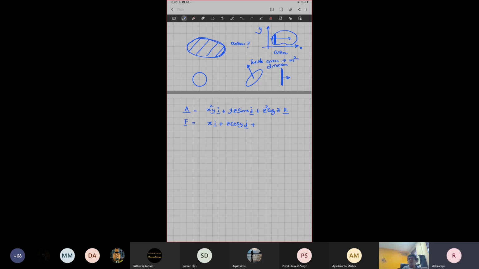Each and every point on that surface, where the surface is defined based on some origin, this many units of x, this many units of y, this many units of z, and the direction in which it is acting. Maybe something like x squared z k bar. This is the way people first tried to define it in the 16th, 17th century, to make Newton's equation of motion more formal.